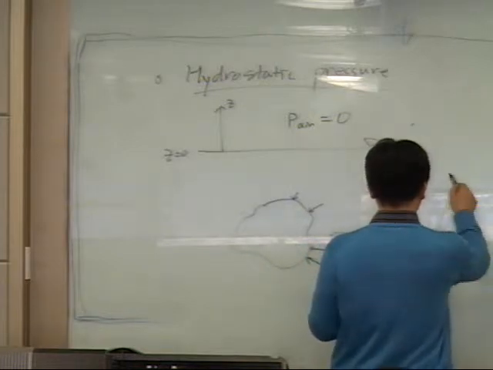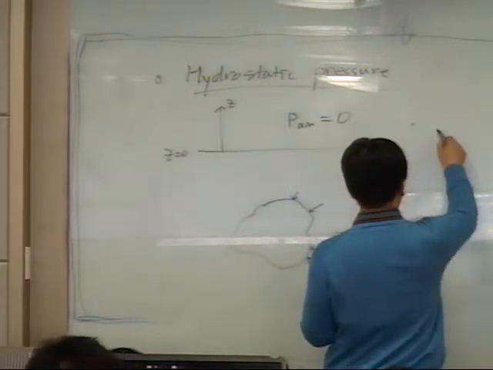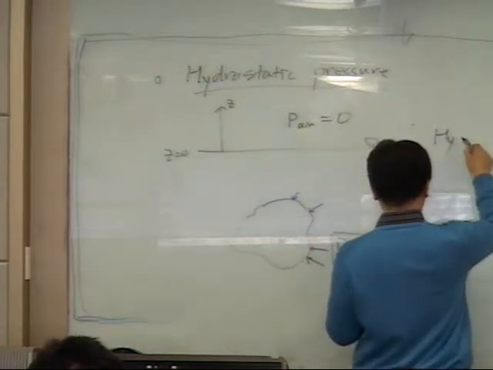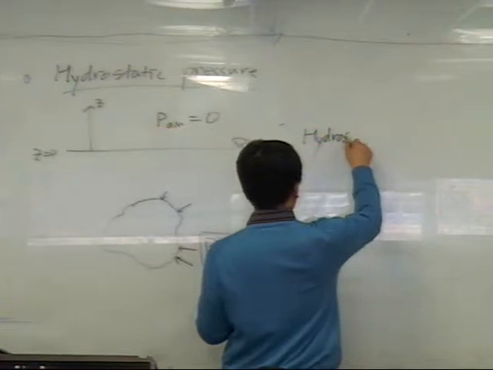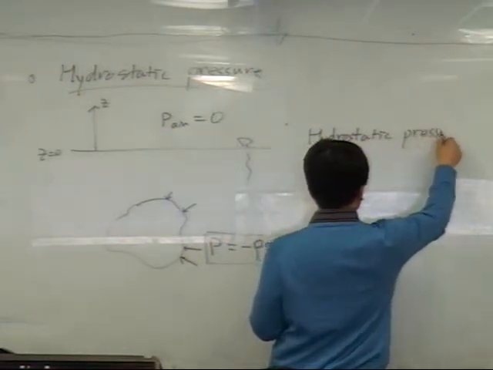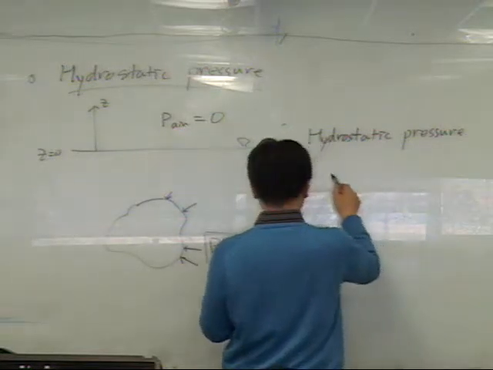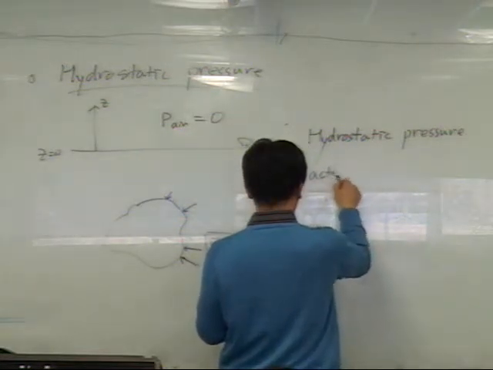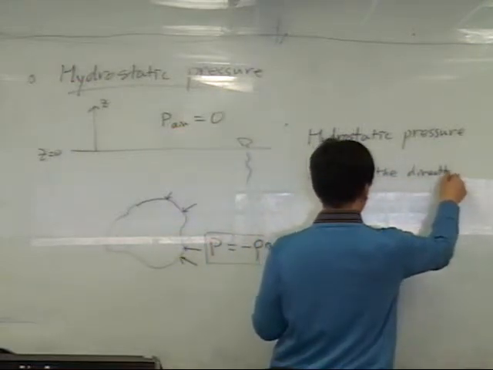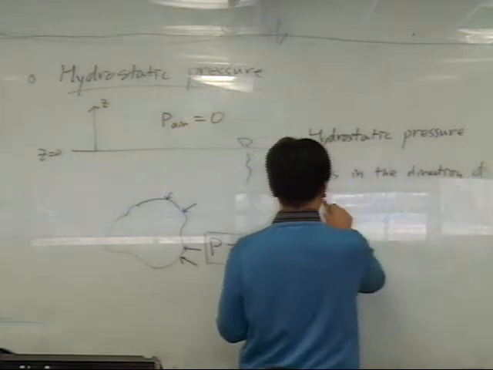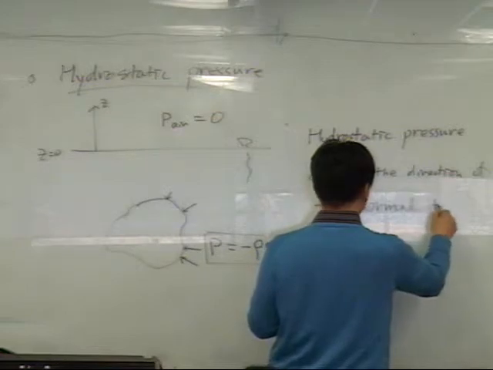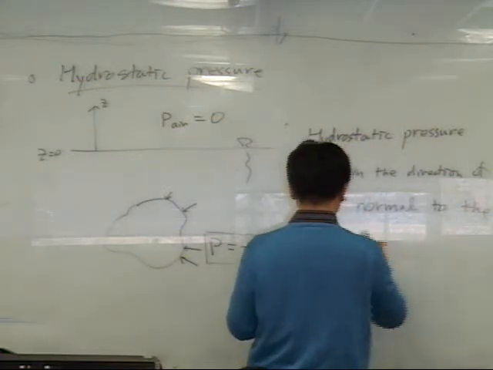And what is important is the property of hydrostatic pressure: it acts in the direction normal to the submerged surface.